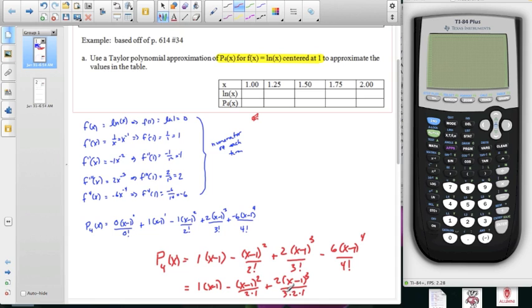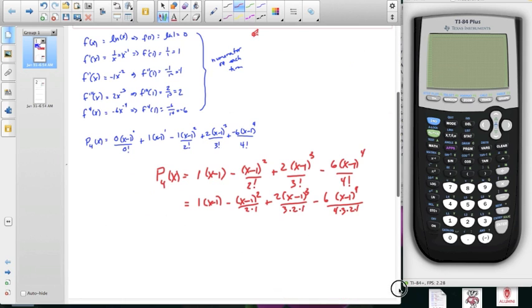Instead of 3 factorial, I'm going to write 3 times 2 times 1. Instead of 2 factorial, I wrote 2 times 1. Instead of 4 factorial, I'm going to write 4 times 3 times 2 times 1.